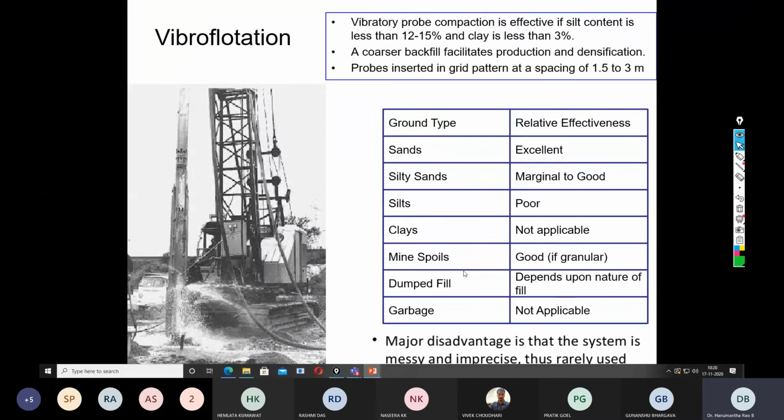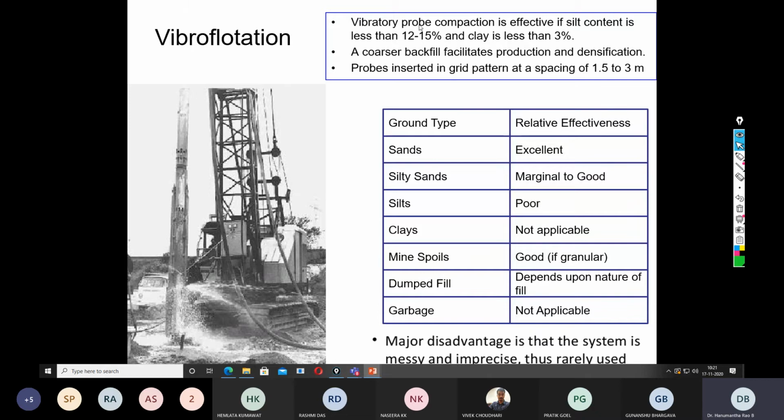So this is further information. In fact, it is a compilation of the previous two slides. There is one additional piece of information: vibratory probe compaction is effective if silt content is less than 12 to 15% and clay is less than 3%.